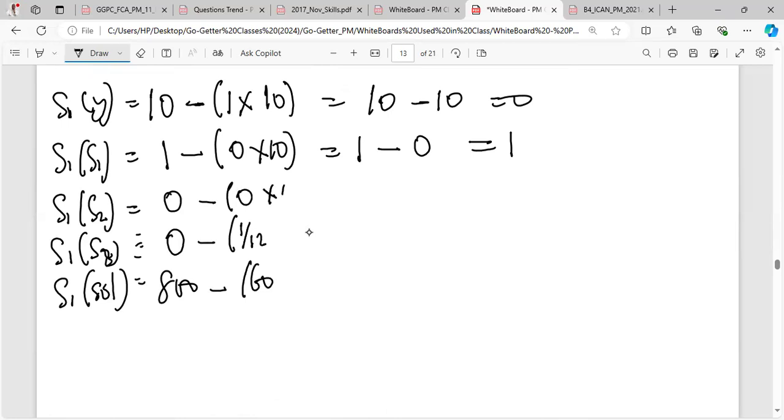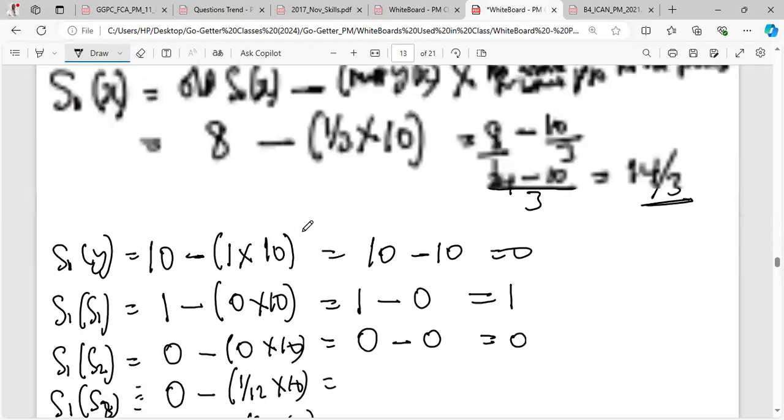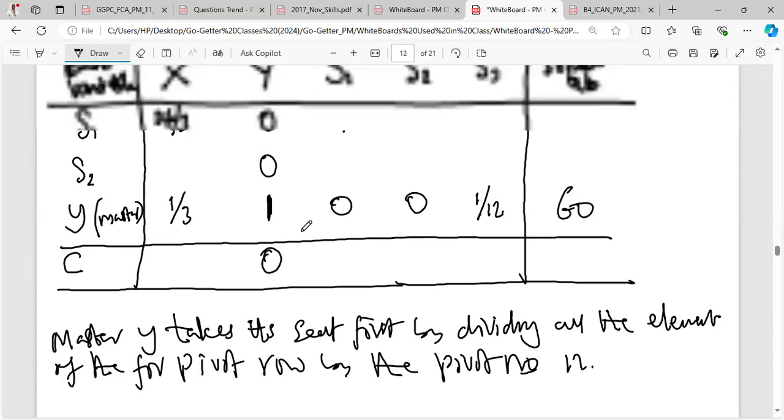And we're going to multiply by 10, multiply by 10, multiply by 10. So this will give us 0 minus 0 times 10 is 0. 0 minus 0 is 0. So we'll go down here, 0 here.